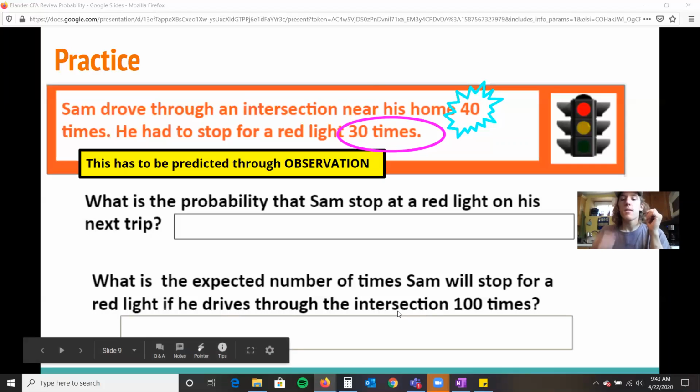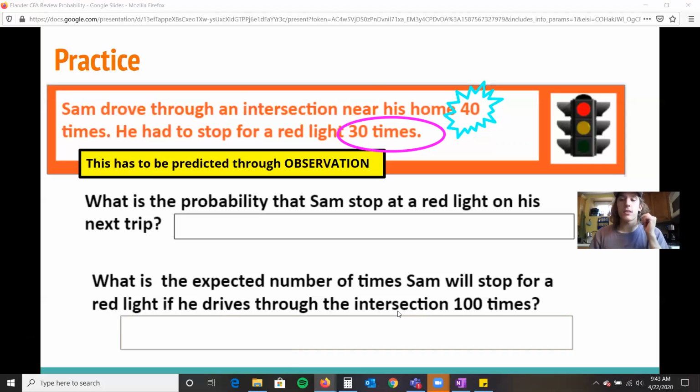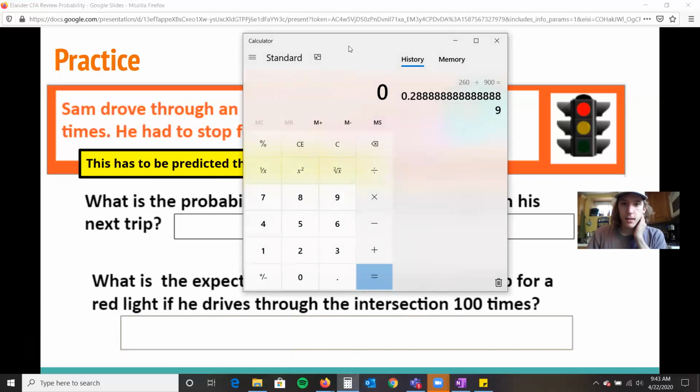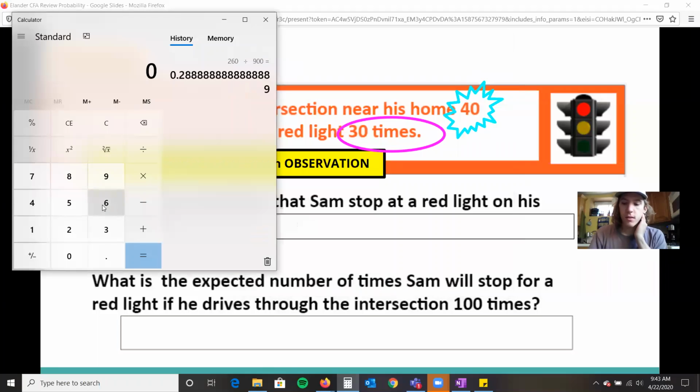If Sam's going to drive through this intersection 100 more times over the next month, then about 75% of the time he'll probably be stopping. So I take my calculator and say, okay, it was a 75% chance, or 3/4 chance, of this thing happening.